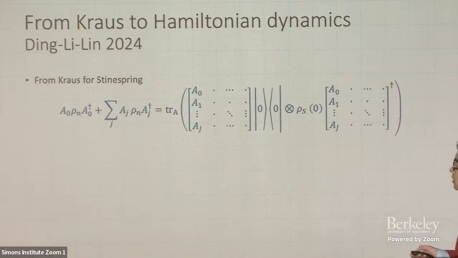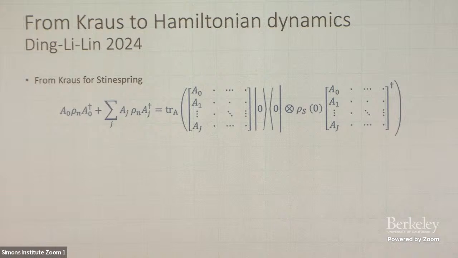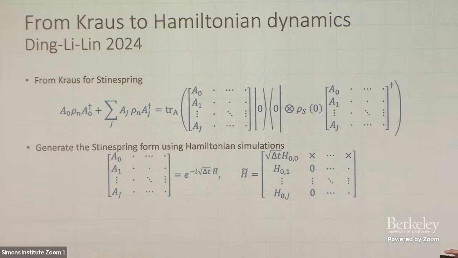Now, going from the Kraus form to the Stinespring form is straightforward, right? So the unitary will pick up these Kraus operators in the first column, right? That part is something that we already know. What is non-trivial is to associate this unitary operator to a unitary operator that's driven by a Hamiltonian, okay?